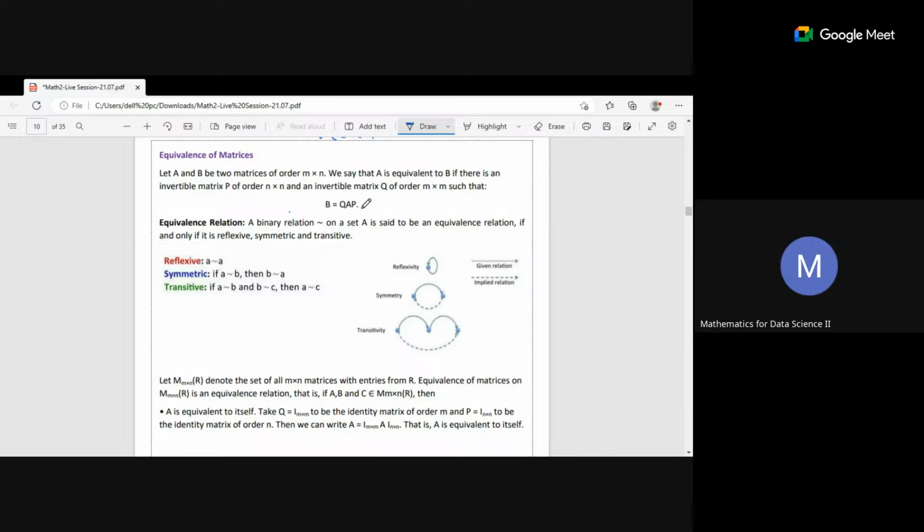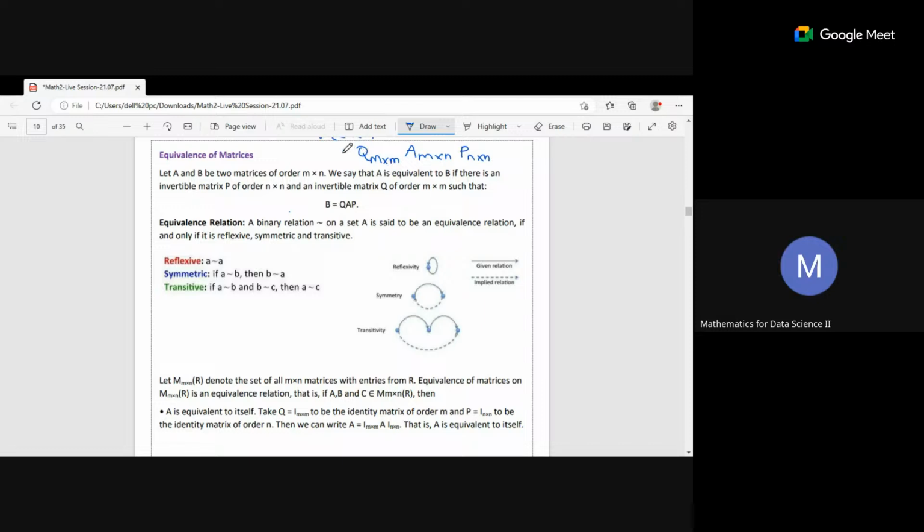First of all, let us see whether the matrix multiplication is fine. For Q, the size is m by m. A is an m by n matrix and P is an n by n matrix.